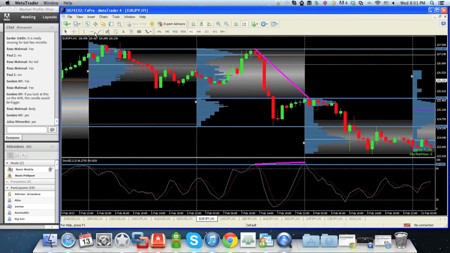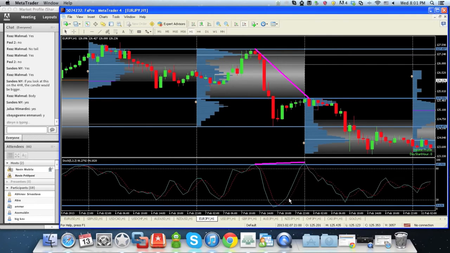Yes. Do we have that same scenario on our indicator? Did we breach below? Take a look over here. No, we didn't breach below our indicator area. The price did, indicator did not. Again, we have this opposite nonsense happening.